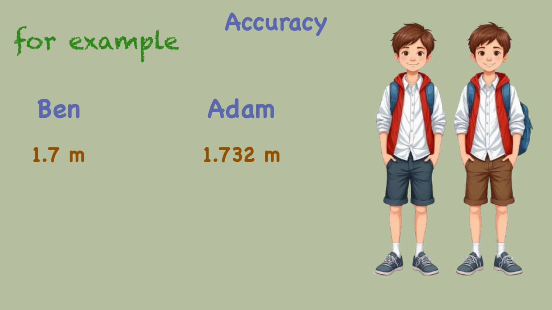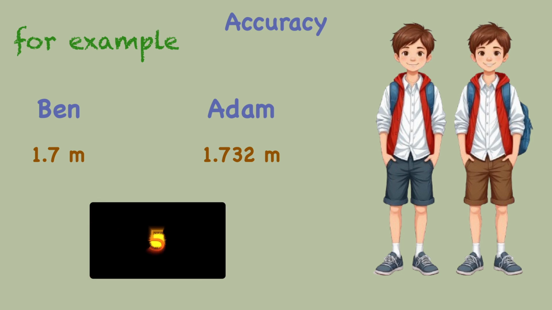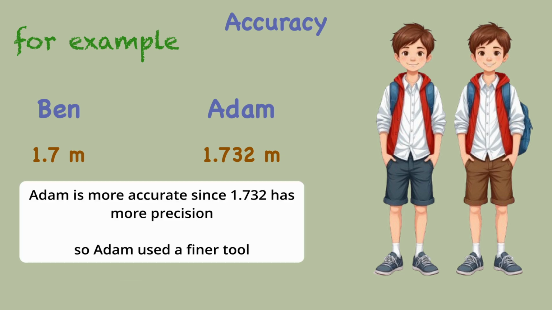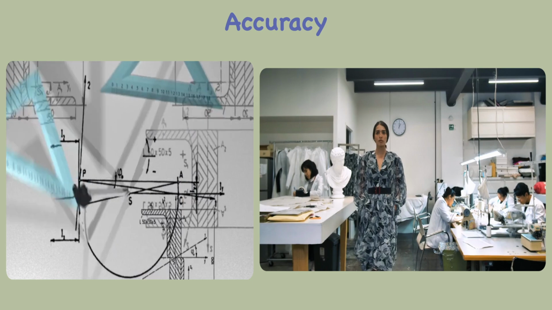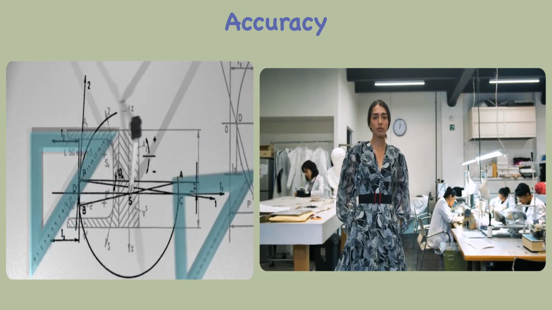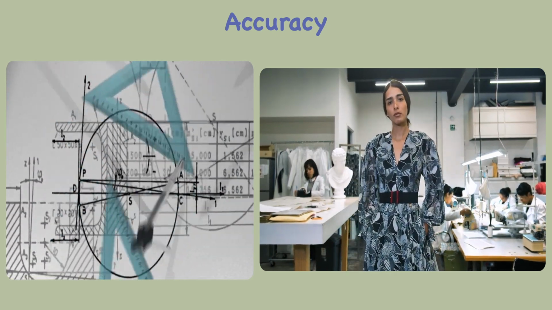Now, which one sounds more exact? You've got 5 seconds to think about it. Adam is more accurate, right? Because 1.732 meters shows more specific digits, it means they measured with a finer tool. For things like building houses or making clothes, that level of detail is a big deal.